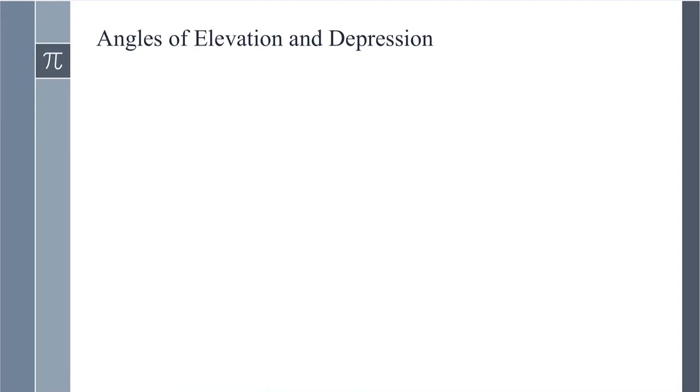Now, in trigonometry, when we are dealing with some applications, we come up with two terms: angle of elevation and angle of depression. Let's draw a figure here, and then I'll explain that. For example, we have an observer here, someone looking at something.